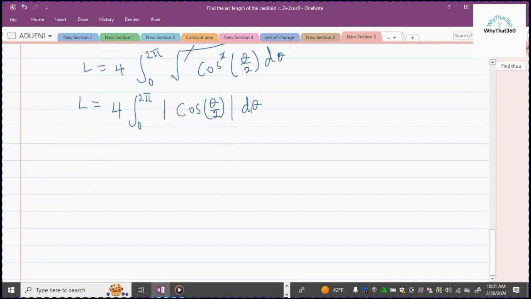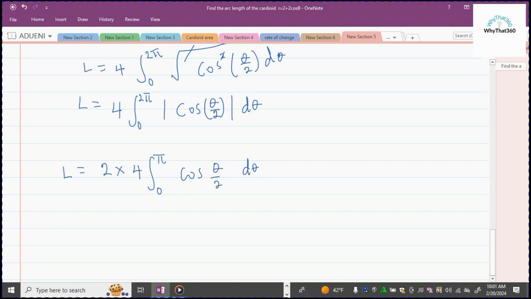Let me do that here. If we go by that, the length will be 2 times, that's a double thing, times 4 times the integral of cos theta divided by 2, d theta.